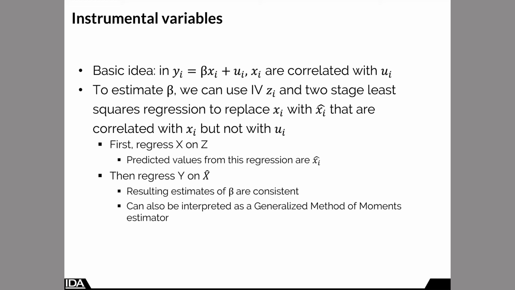And so we basically substitute for this something that's not correlated with the error, but is correlated with this, so it's kind of a good substitute. So in the regression equation, what you would do is use an instrument, z. First, you regress the x's on the z's, and then use x hats, the predicted x's from that equation, in place of x's in this equation.